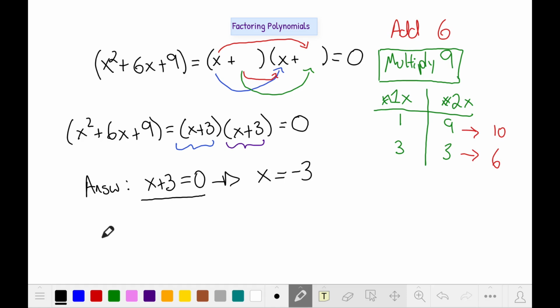And if we hadn't factorized, we'd be dealing with x squared plus 6x plus 9 equals 0. Now, if you have a choice between solving x plus 3 equals 0 or x squared plus 6x plus 9 equals 0, I know which one I'm choosing. I'm choosing x plus 3 equals 0 all day long because it's a lot easier.